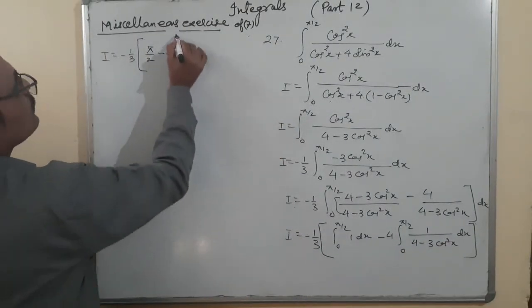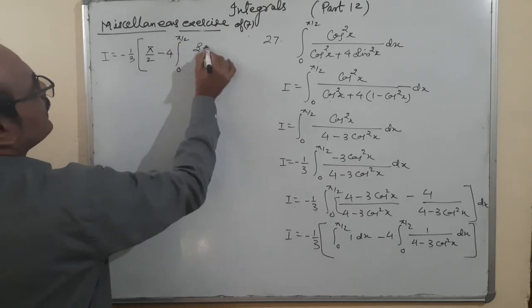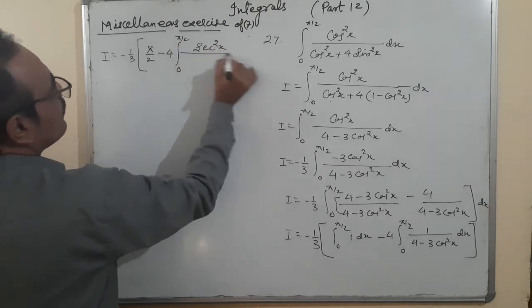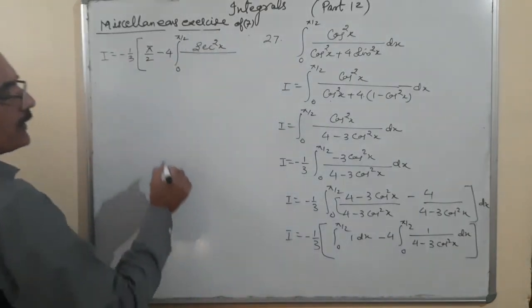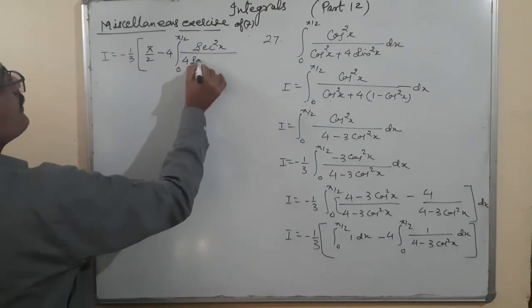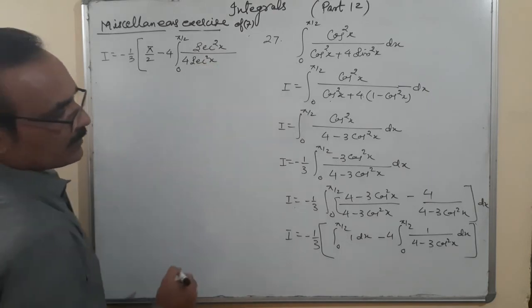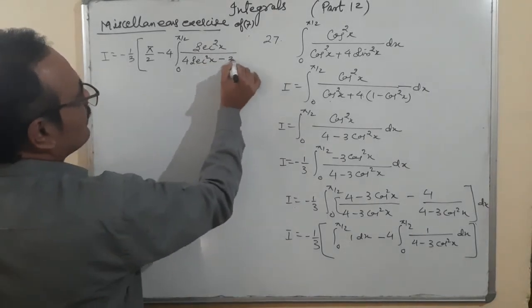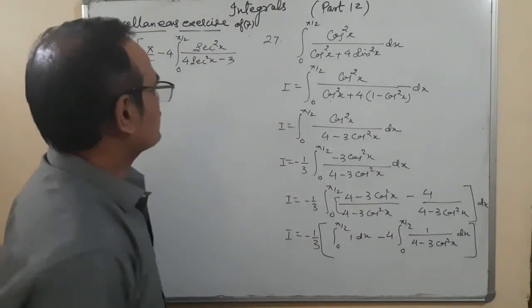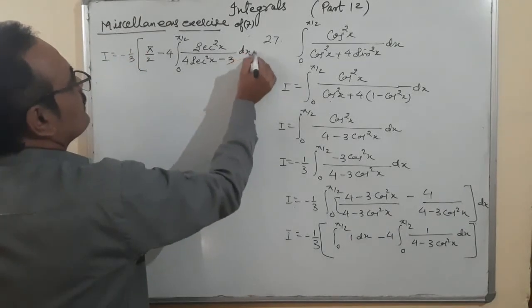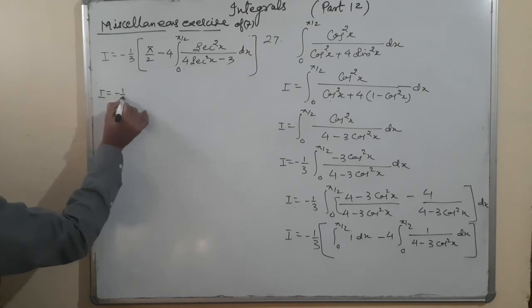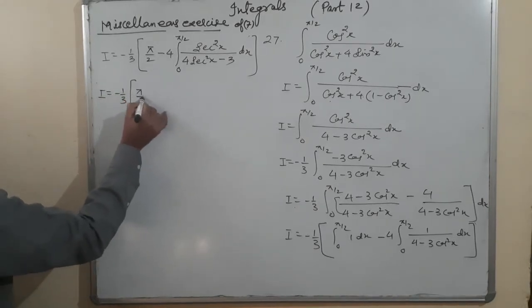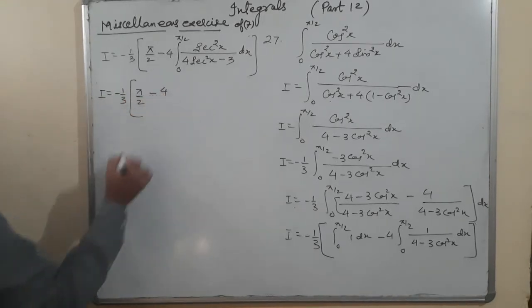Integral from 0 to pi by 2 of sec square x upon 4 upon cos square x, that is 4 sec square x, minus 3, and cos square x upon cos square x cancel, dx. I is equal to minus 1 by 3, pi by 2 minus 4.